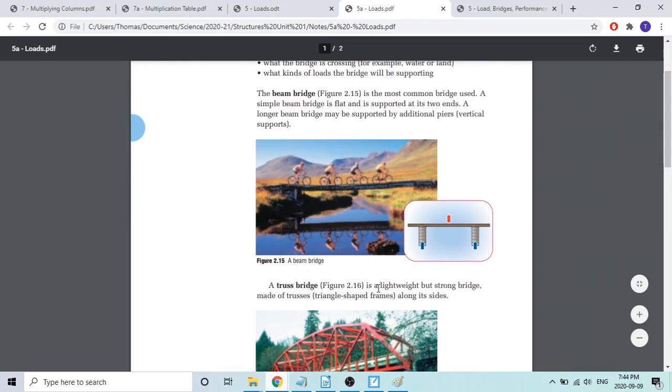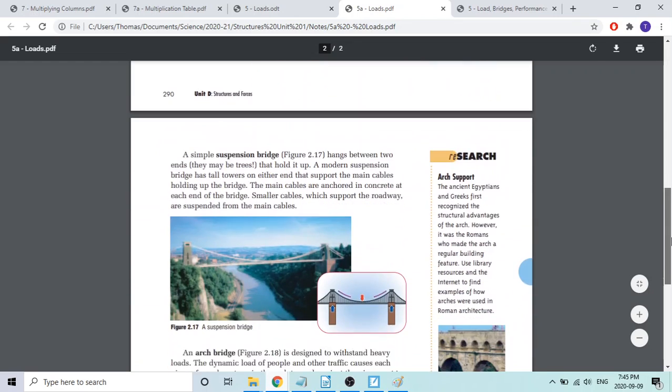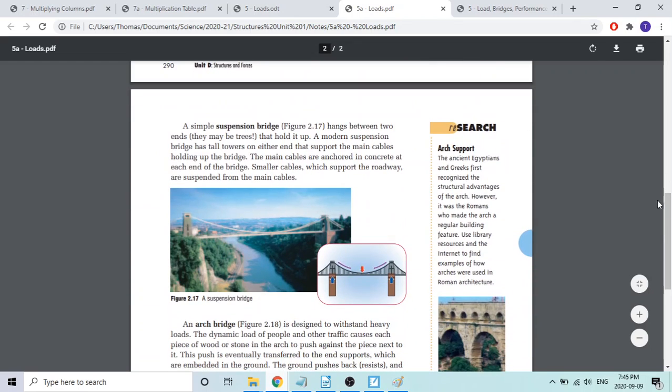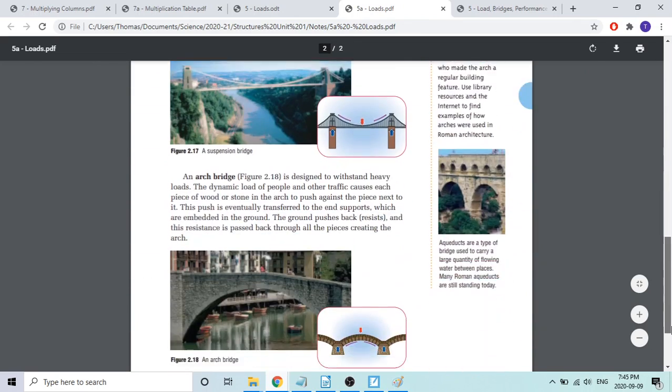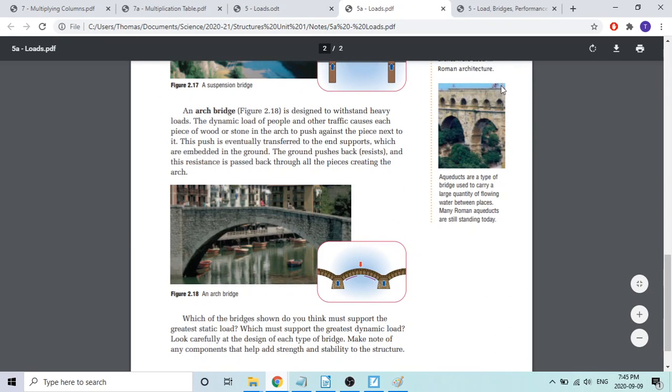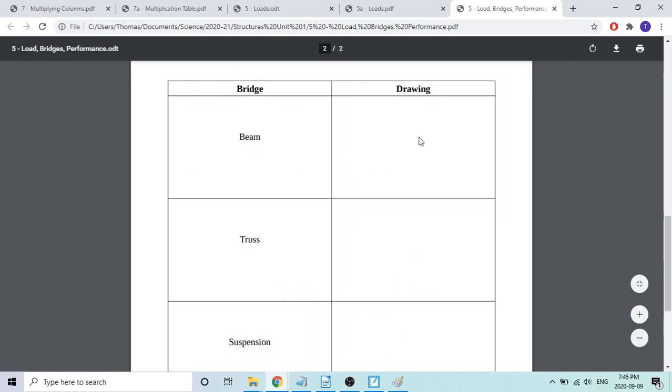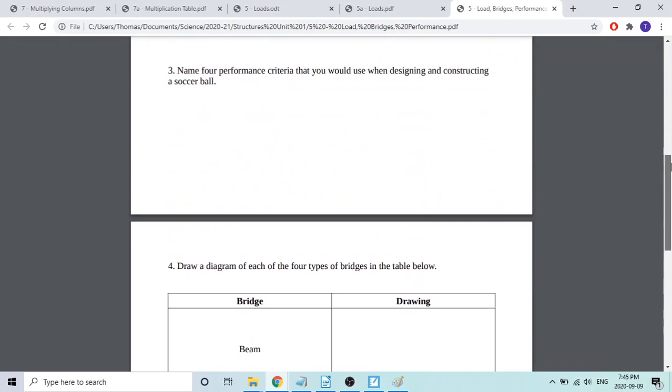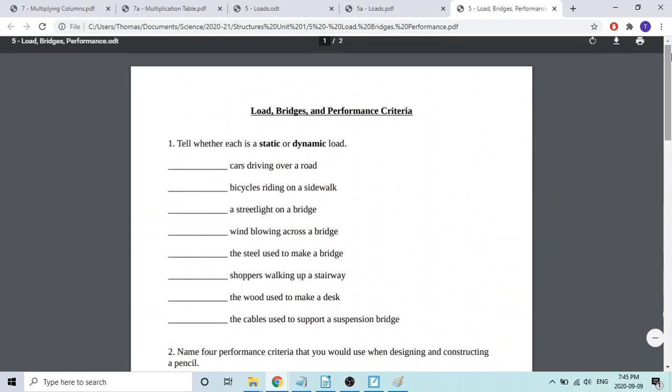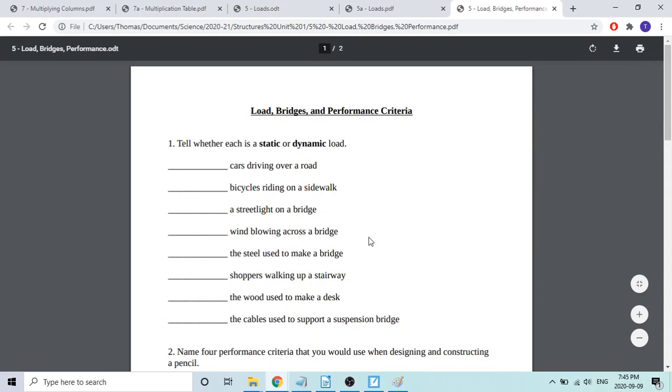So beam bridges, truss bridges, suspension bridges, and arch bridges. What I want you to do is on the sheet here, next to it, I want you to draw it, right? So you have a basic idea of what each of these are. Okay? That is your task for today.